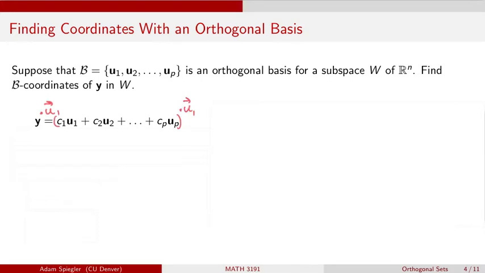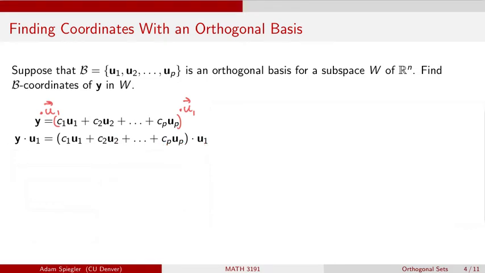So taking this initial equation, I'm going to perform the same operation to both sides. I'm going to take the left side y and take its inner product with u1. And I'm going to take the right side and also take its inner product with u1. So that's going to result in a new equation down below that says y dotted with u1 should equal c1 u1 plus c2 u2 all the way up to cp up, dotted with u1.